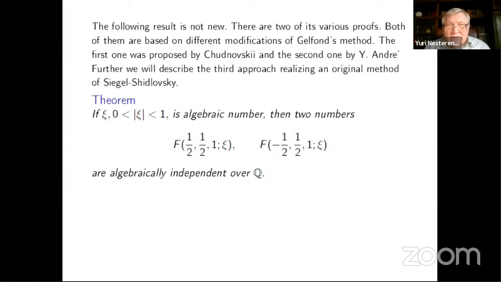Further, we will describe a third approach, realizing the original method of Siegel-Shidlovsky. The statement is that these Gaussian hypergeometric functions are G-functions, and for any algebraic number from the unit circle, these two numbers are algebraically independent.